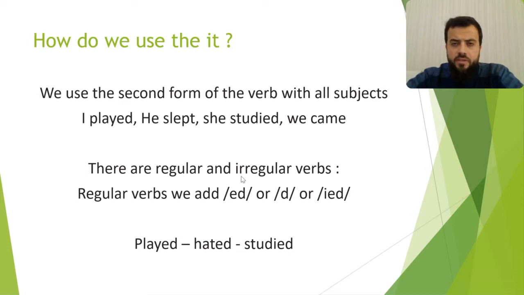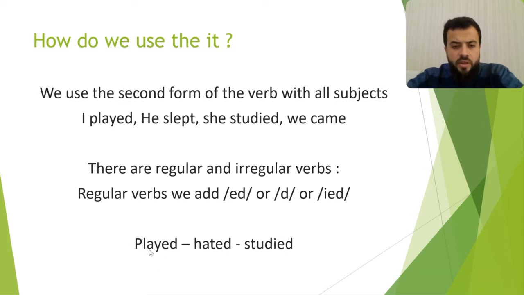There are regular and irregular verbs. When we talk about the regular verbs, we usually add ed or only d if the word ends with e, or ied if the word ends with y. Like, for example, play, played, hate, hated, and study, studied.